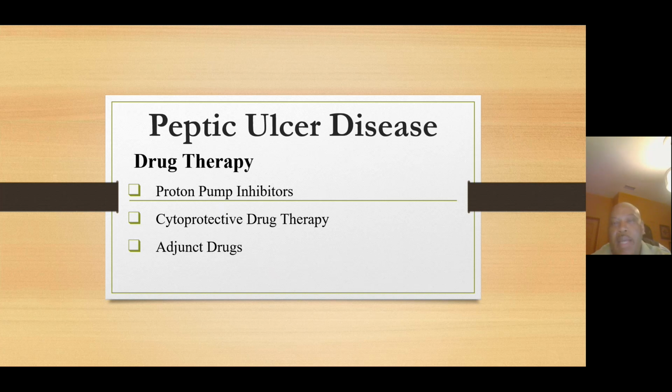PPIs are used in combination with antibiotics to treat ulcers that are typically caused by H. pylori. Now, as far as the cytoprotective, we have to think about the sucralfate. Sucralfate is used for short-term ulcer treatment. Now, what this does is it does provide mucosal protection for the esophagus, for the stomach, as well as the duodenum. It forms like a coat over the ulcer itself, protecting it from the hydrochloric acid and the food and so forth.